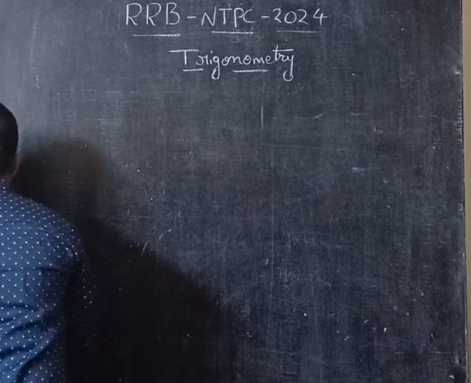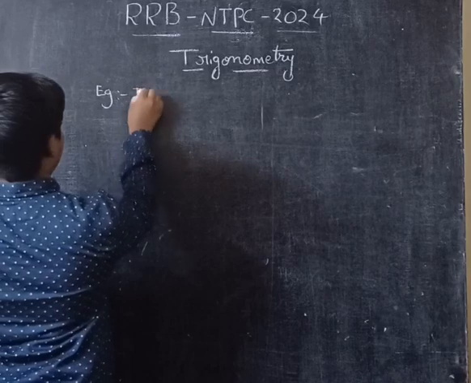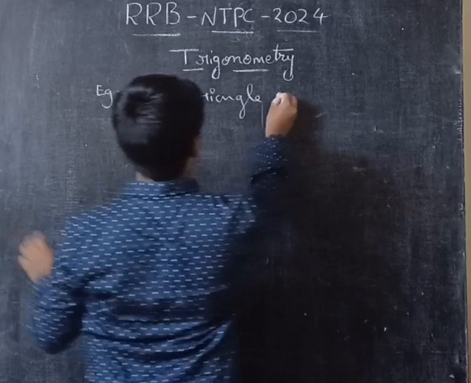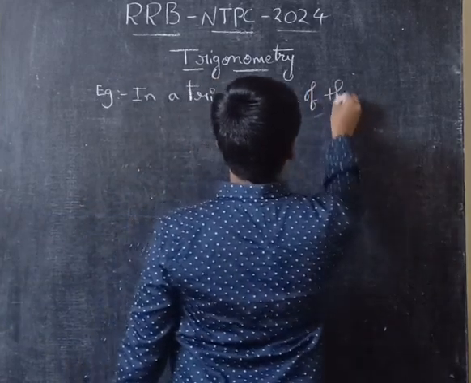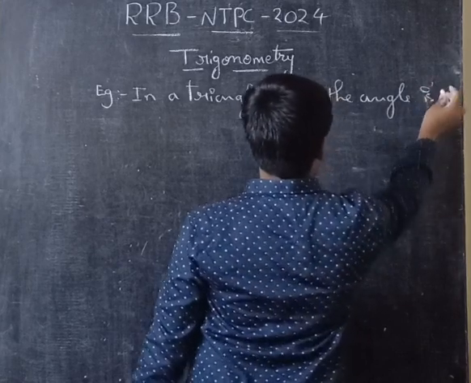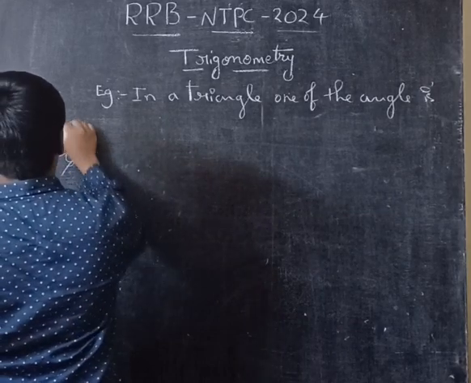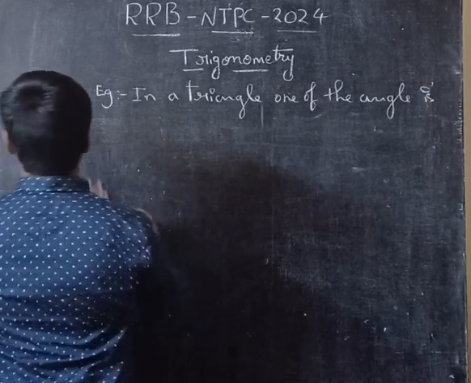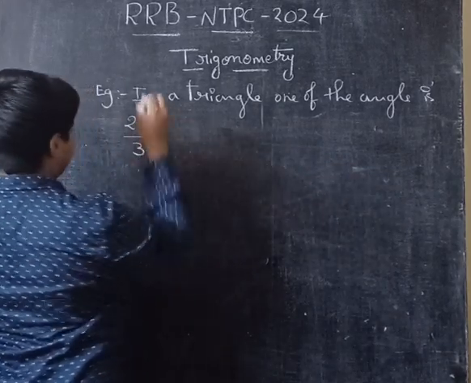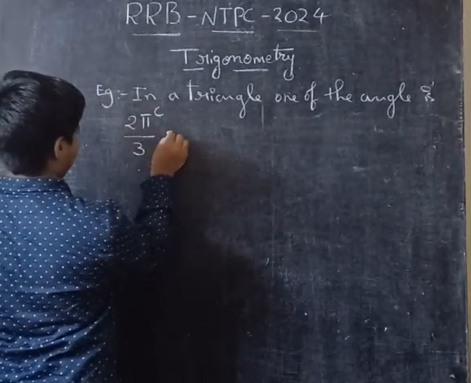For example, in a triangle, one of the angles is 2 pi c by 3.